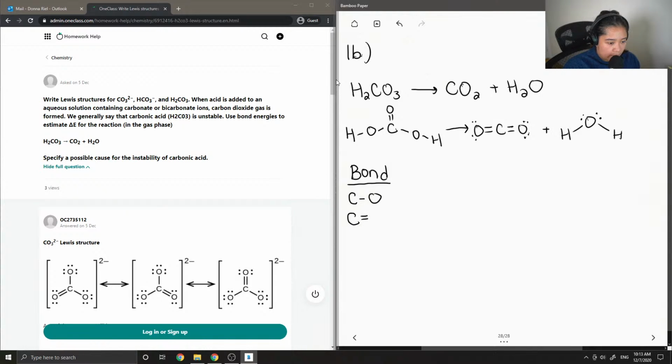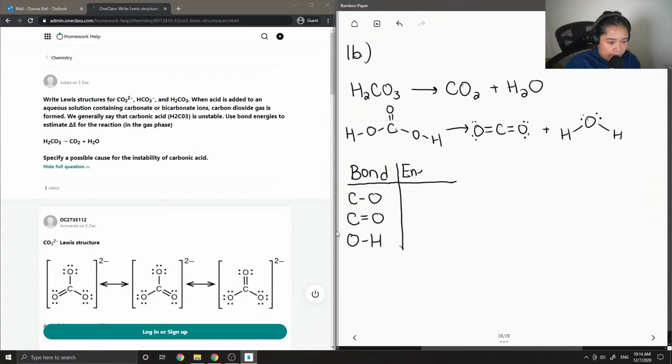There's also a double bonded carbon and oxygen bond. So this is in carbonic acid and also in carbon dioxide. And there is also a single bonded oxygen to hydrogen bond as well. Okay, so that's one of the columns.